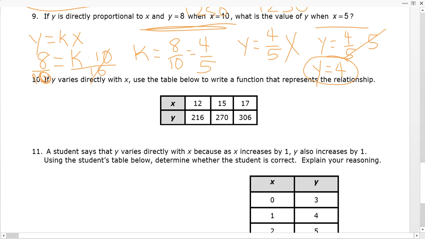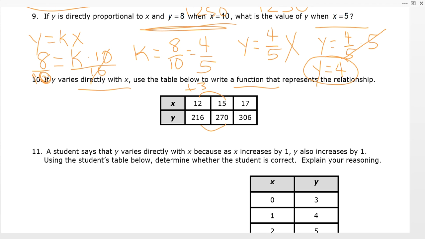Okay, now we have a table, and we're going to still find that function for direct variation. I'm finding the difference between my x's. It's going up by 3 in this case. And my y goes up by 54.